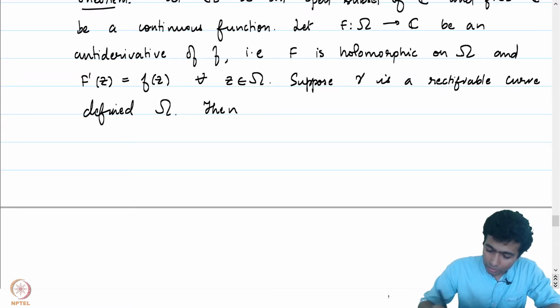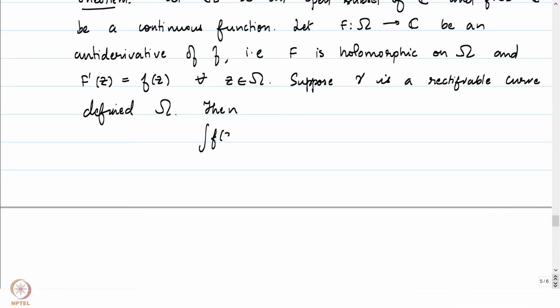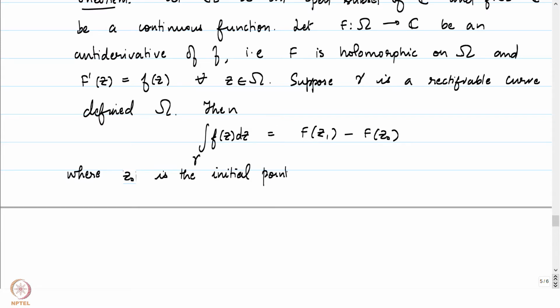Then the integral of f of z dz over gamma is equal to capital F of z1 minus capital F of z0, where z0 is the initial point of gamma, or rather gamma of a, and z1 is the terminal point of gamma, or in other words gamma of b.